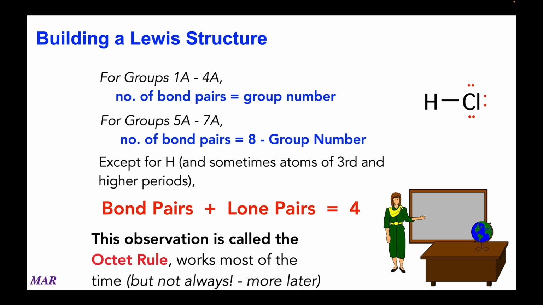We'll talk about that more later, but more often than not, if you can have an octet around your central atom, pretty awesome. However, we're already seeing that hydrogen only has to have 1 pair to make it happy. So it's not, as I said, perfect, but more often than not, it's great. In Chem 104, which is a lower version of chemistry than Chem 221, the octet rule is seen as the golden rule, all right? And almost always it's followed. But in our bigger class here, we'll see more exceptions as we go through.